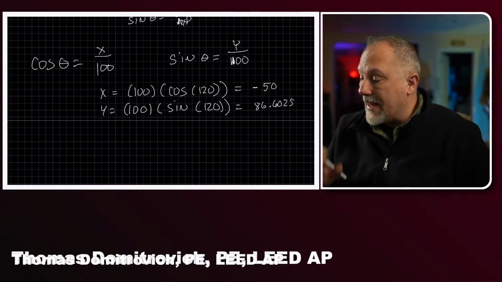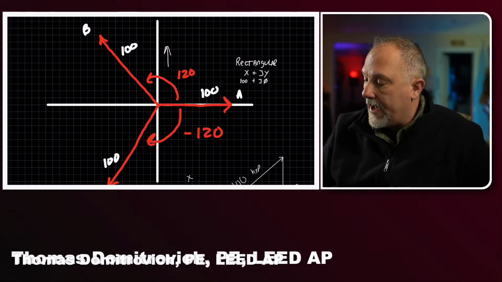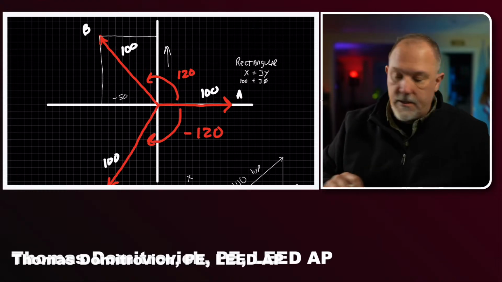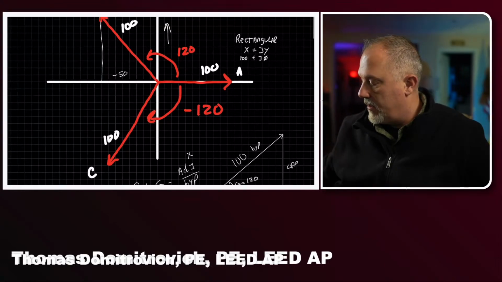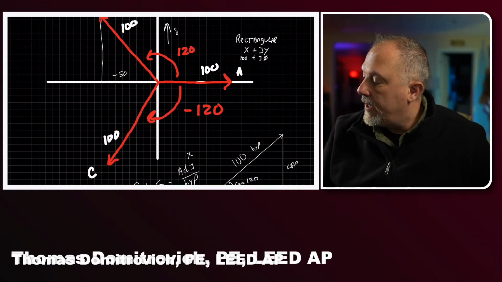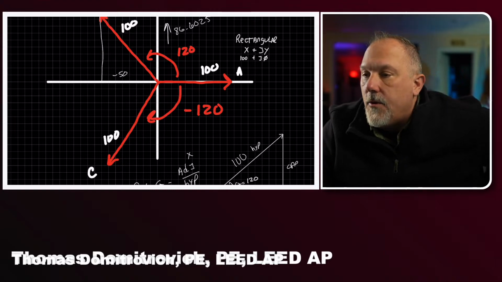All right, so what that tells me is, if I come back up to this, I know that if I draw this down, that was minus 50. And if I draw this over, this is 86.6025. Do we agree? Hold on.